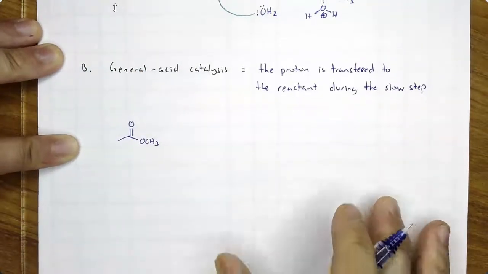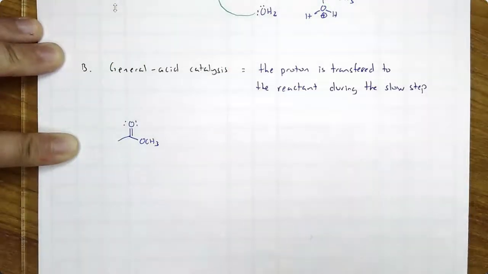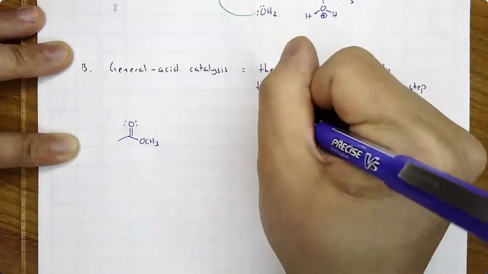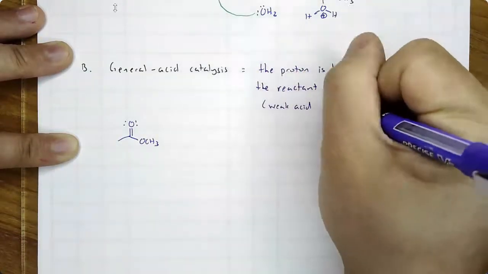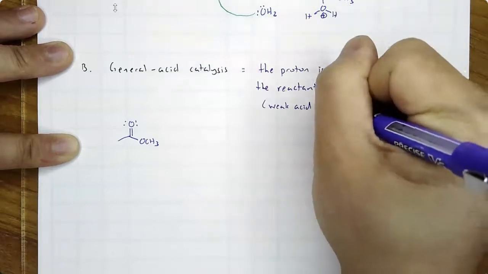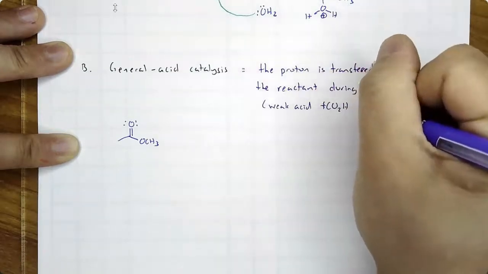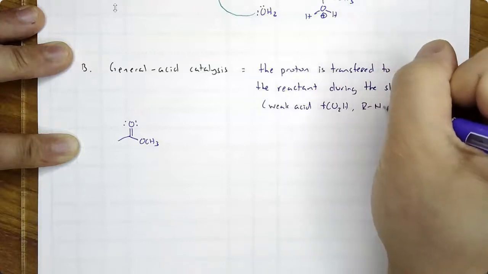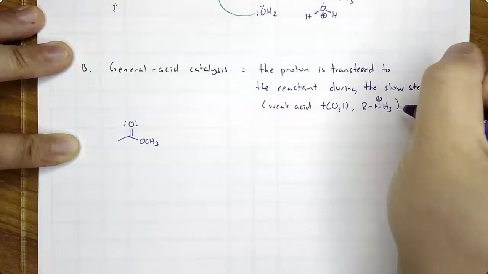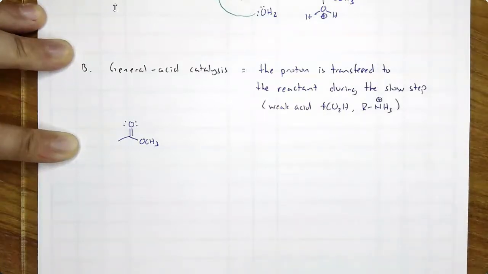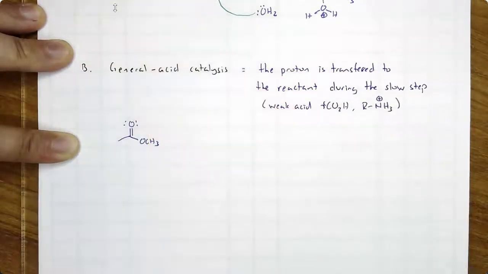Here's your ester. And we are going to use weak acids, like carboxylic acid, or maybe a protonated amine. Let's use that protonated amine actually.